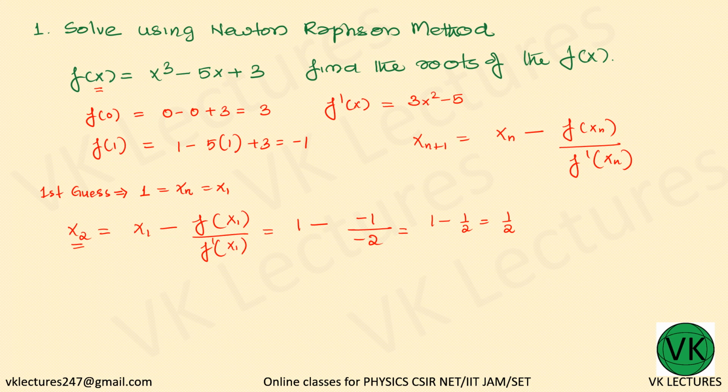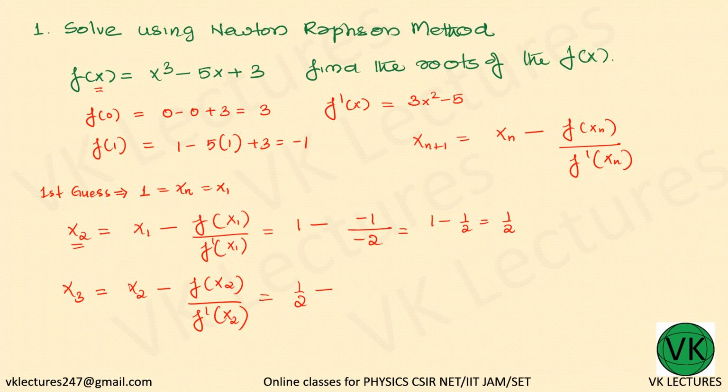Now x3 equal to x2 minus f of x2 divided by f dash of x2. So that's equal to x2, which is 1 by 2, minus f of half.